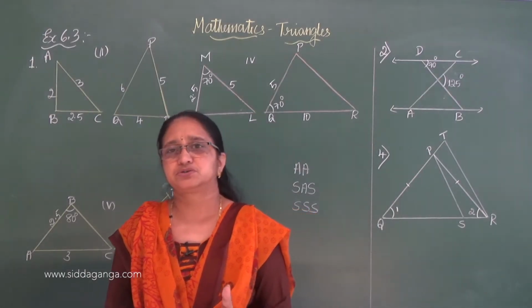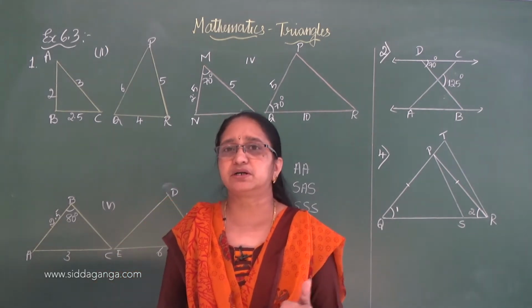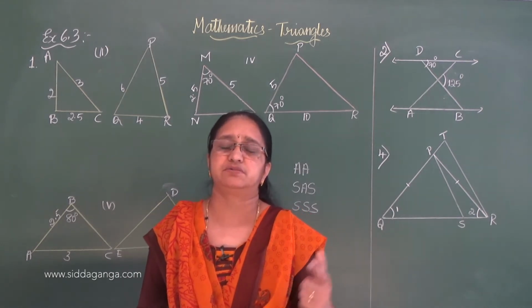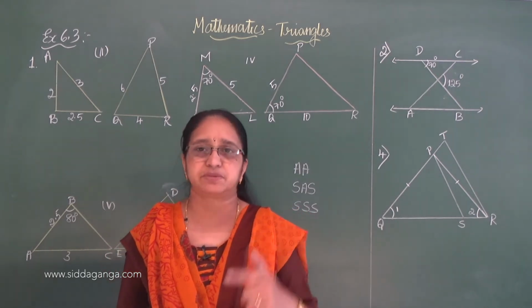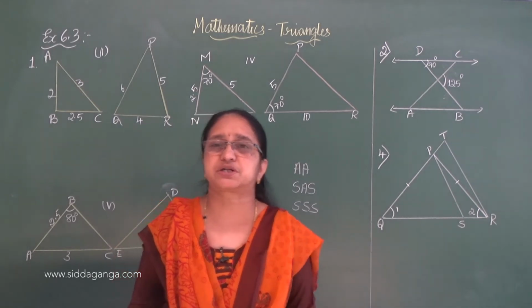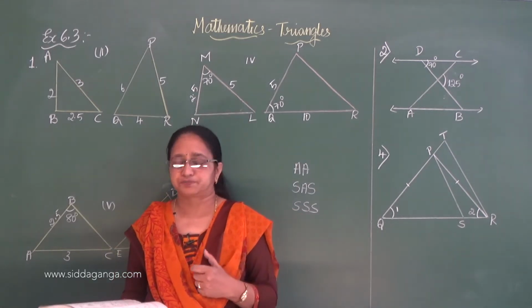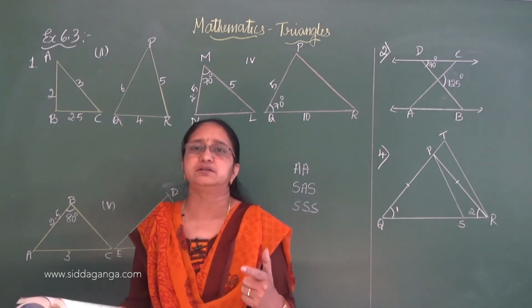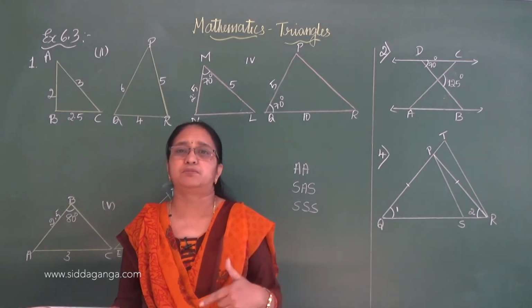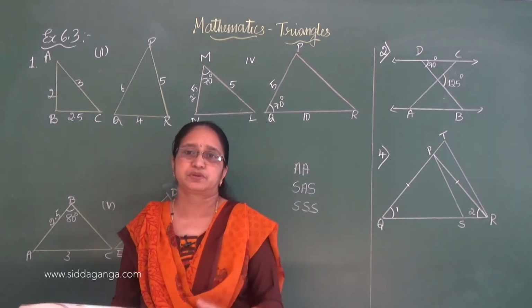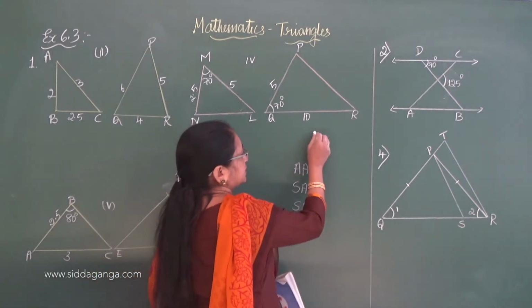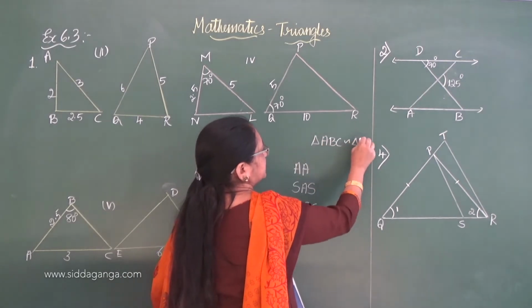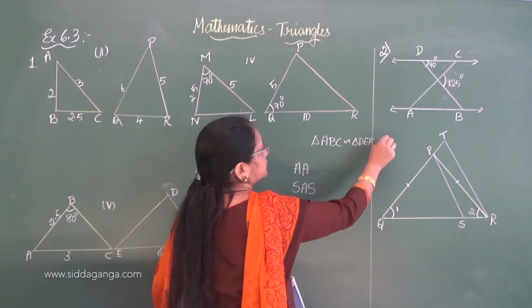First thing, you should say whether they are similar or not. Second thing, on which criteria you have decided they are similar. And the third thing, you have to write the triangles using the symbolic form I had used earlier, that is triangle ABC is similar to triangle DEF, like this you have to write.